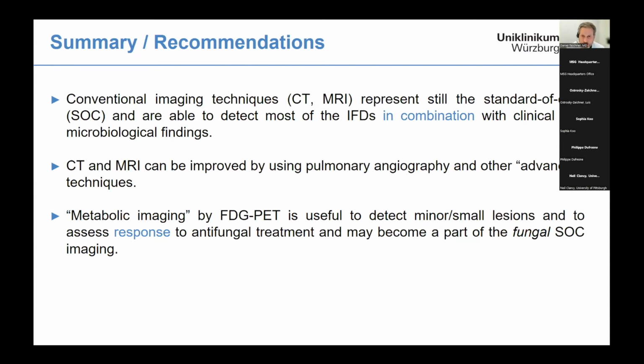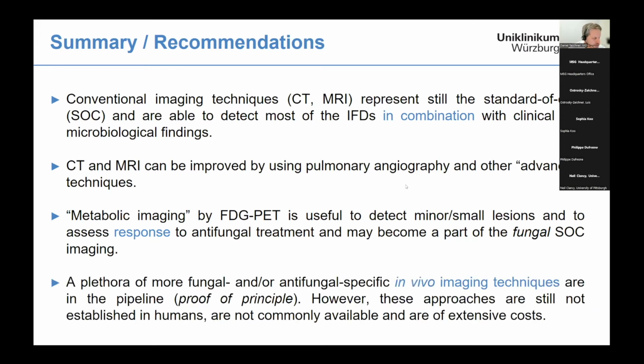However, it's not standard of care, but I think it's very likely that it will become standard of care, as it is already part of standard diagnostics, for example in lymphoma, at least in Germany. And as I know from my European colleagues, it's becoming more used in other centers, but it's also a matter of costs.